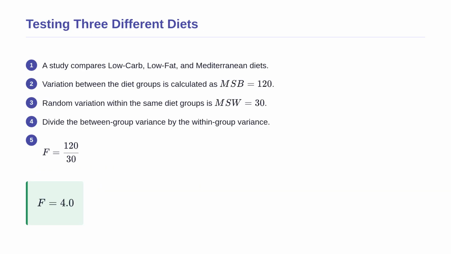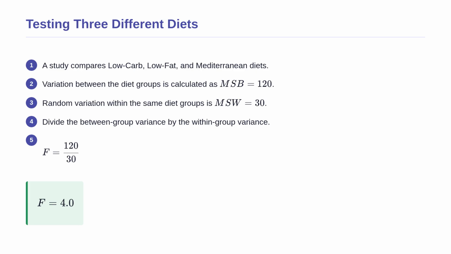Let us see this ANOVA formula in action. A nutritionist conducts a study to see which of 3 diets, low carb, low fat, and Mediterranean, leads to the most weight loss. After gathering data from 30 participants, she calculates that the variation between the diet groups, our MSB, is 120. She also calculates that the random variation of people within the same diet groups, our MSW, is 30.